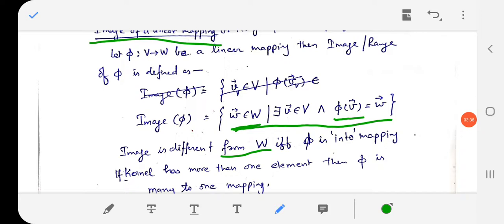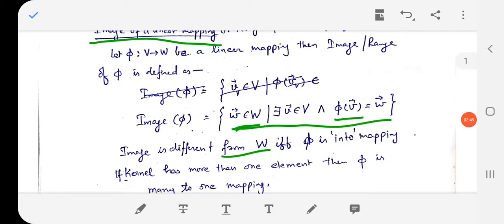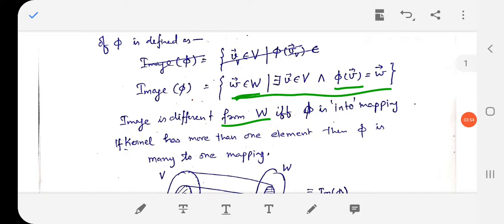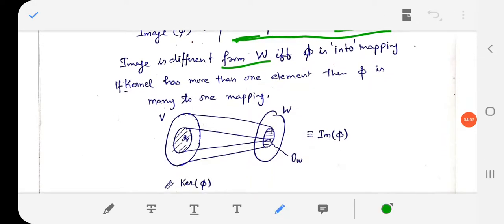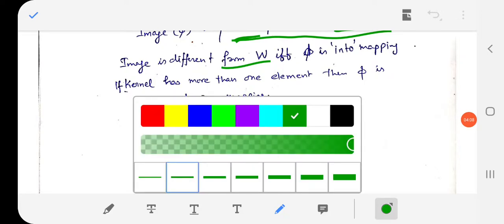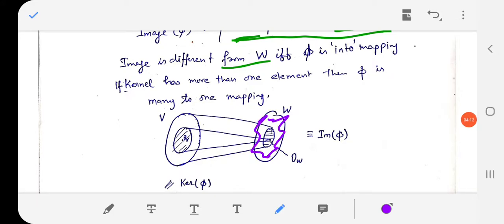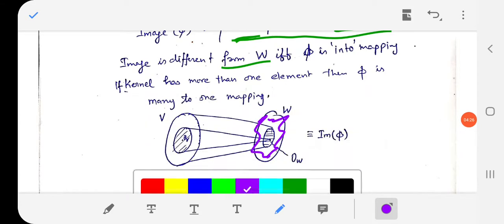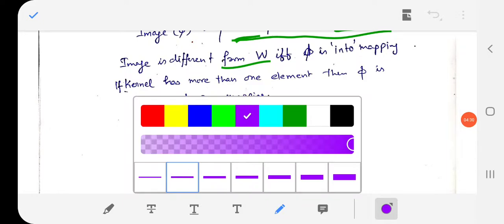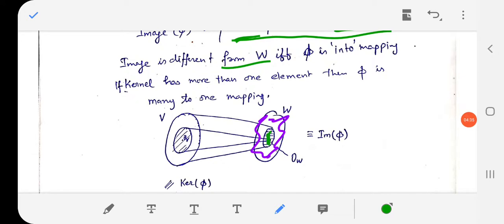Because it is quite possible that you have more elements which are not mapped from any element of the input space. So you might have a mapping where this purple portion is not mapped from any element of V. And this green shaded region is the image, because that is the whole thing V is mapped to.